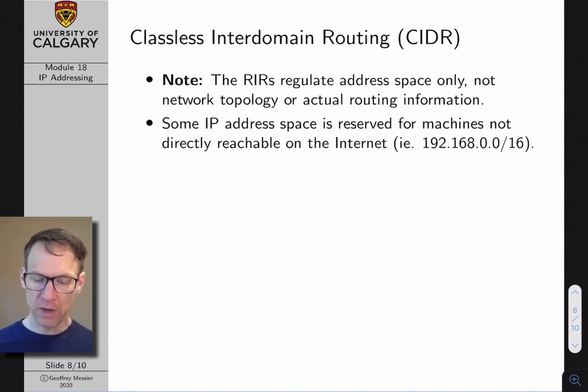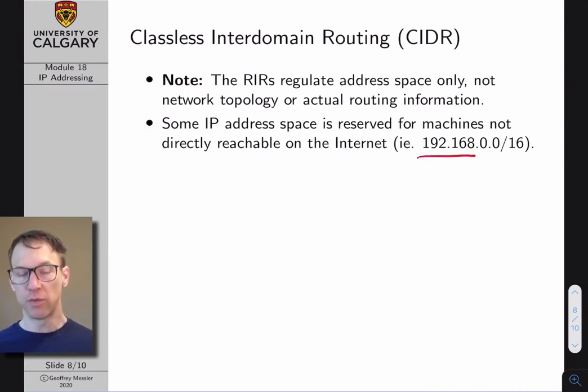And the final point I wanted to state is that some IP addresses are reserved for machines that are not publicly addressable or directly reachable on the internet. So for example, the 16-bit network ID 192.168 is reserved for private local area networks that are protected behind a firewall and are not assigned to publicly addressable computers that are reachable directly on the internet.